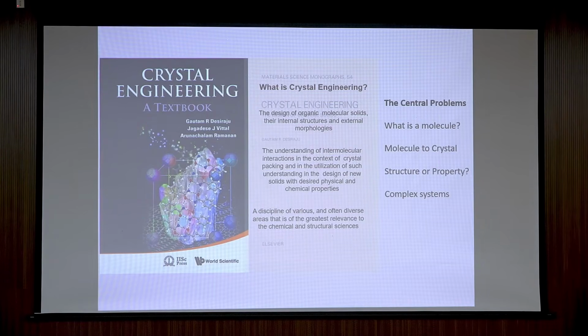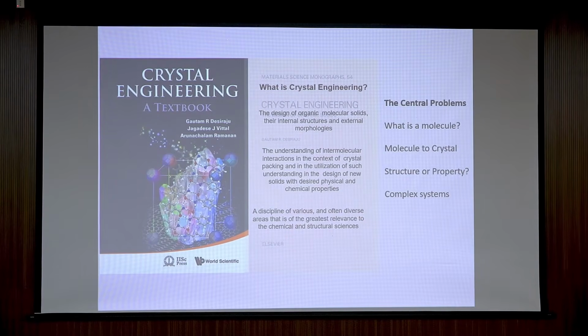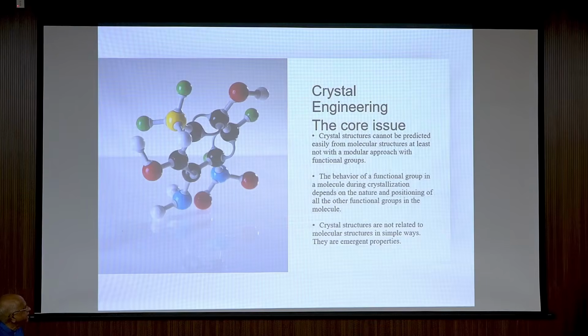It's very important because, as I told you earlier, in this new physical organic chemistry, structure and property are not directly correlated, not so easily. And therefore we get into what is a complex system. A molecular crystal is a complex system, as opposed to things like MOFs, which are simple systems. I'll come to that a little bit towards the end.